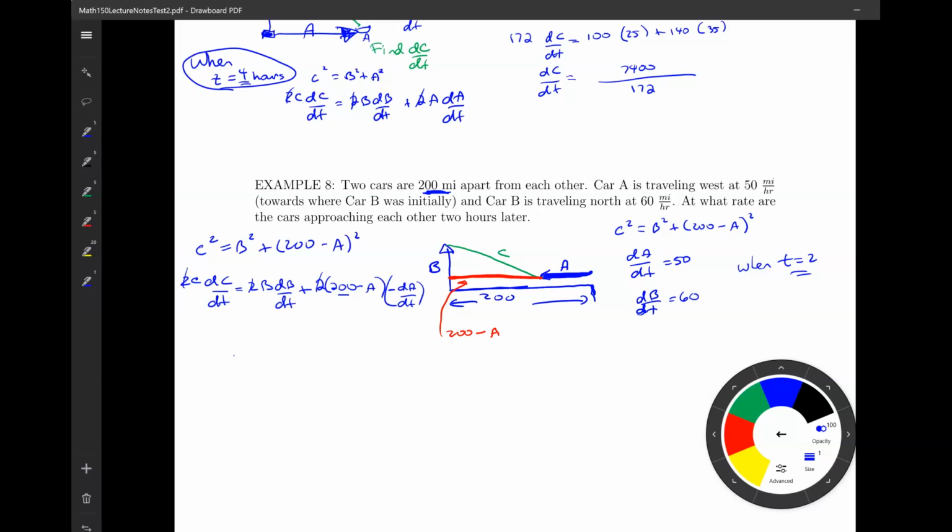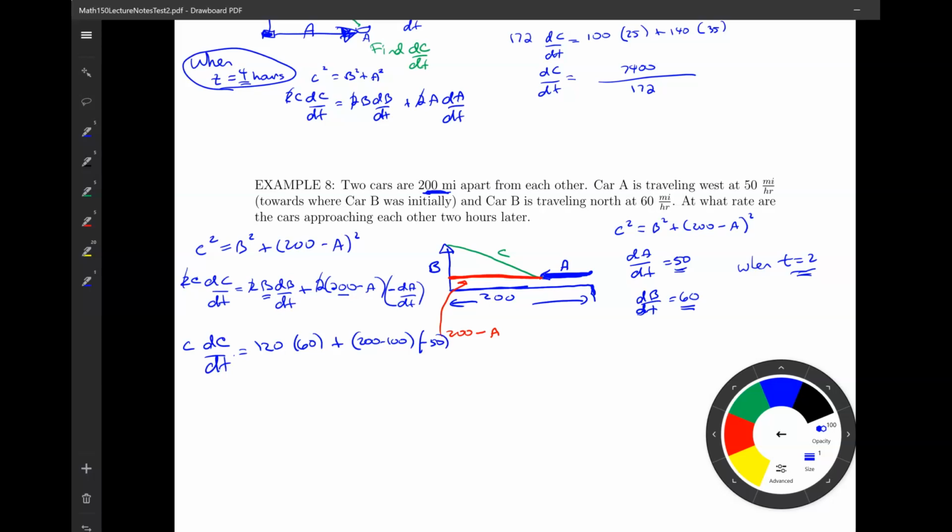So let's begin to figure this information out. So 2 hours later, so I'll leave C here for a second. So dc/dt. So the distance that B will go is 120, 60 miles an hour for 2 hours, times dB/dt, which is 60, plus, and let's figure out what A is doing. A is going to be 100, so 200 minus 100, negative 50.